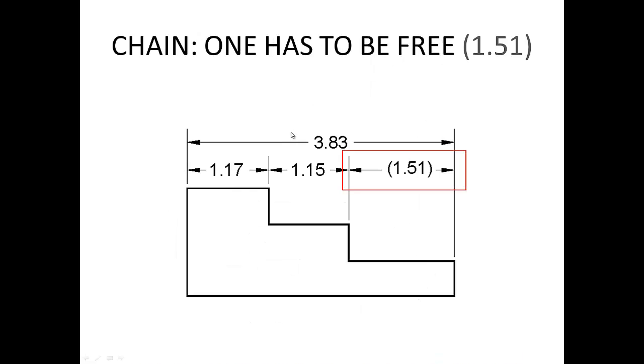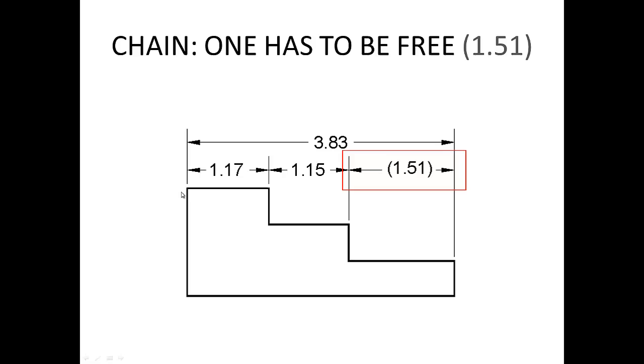So for example, when I mentioned the chain, one dimension has to be free. In this case, we have these three dimensions and the overall one is 3.83. When you see something in brackets, it means that you will have this dimension for reference. It's fine.